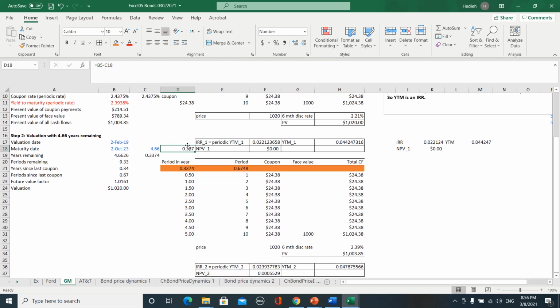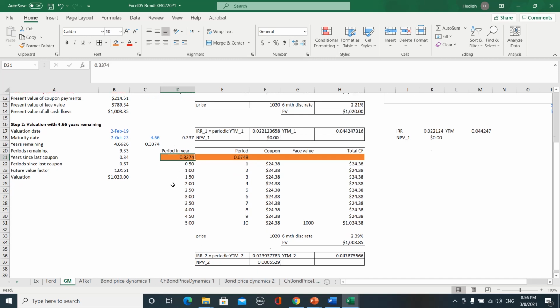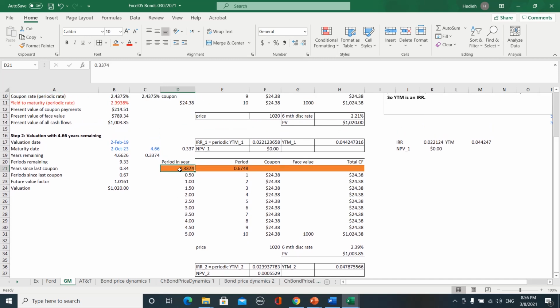So you want to find yield to maturity at this point in time, at 0.3374 years. Okay? So first, notice that this is 0.3 years. You know that each cash flow or each payment on this bond happens every 6 months.